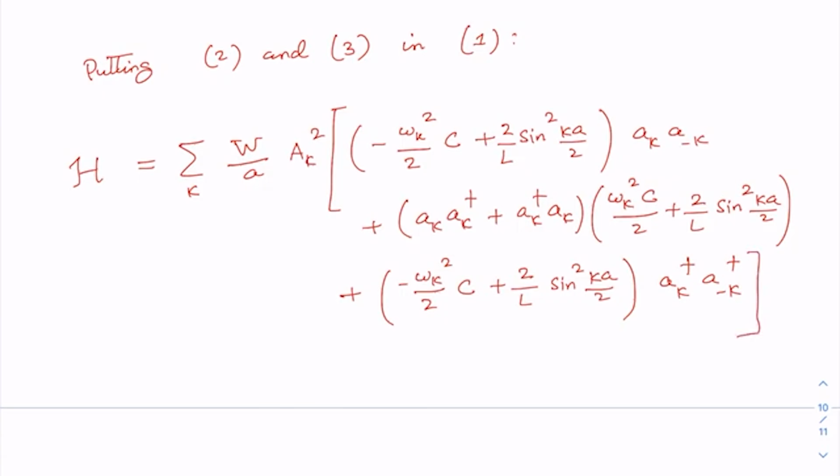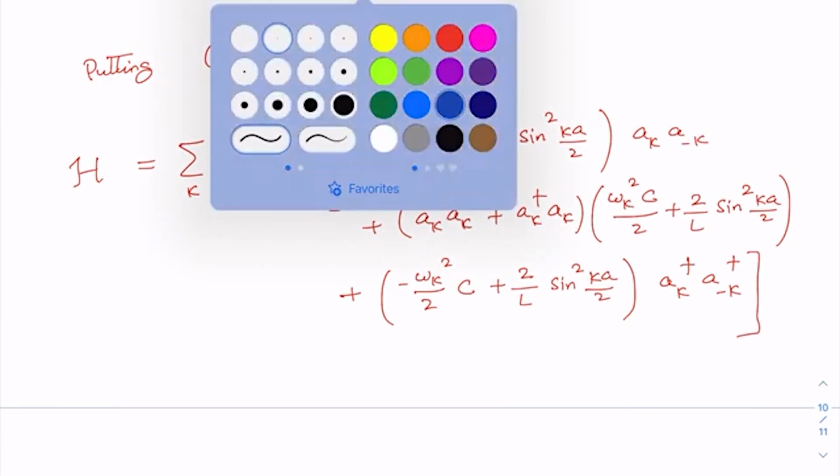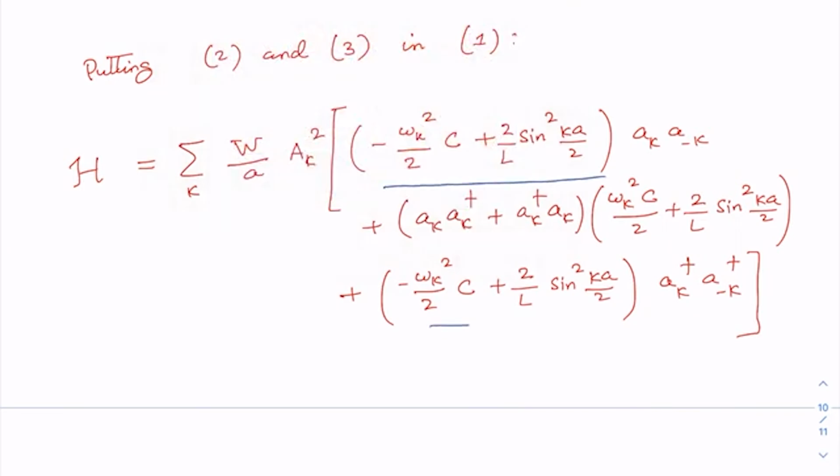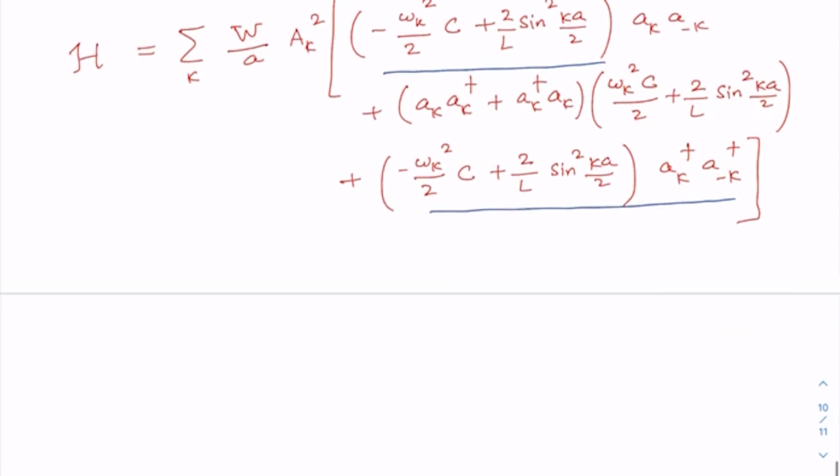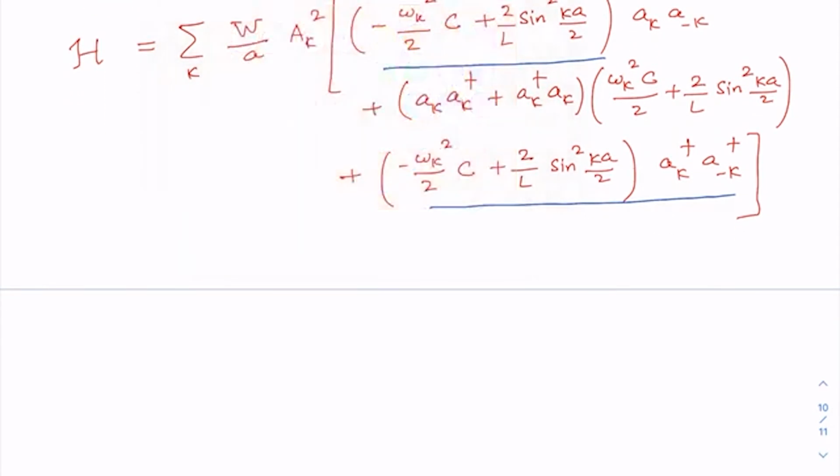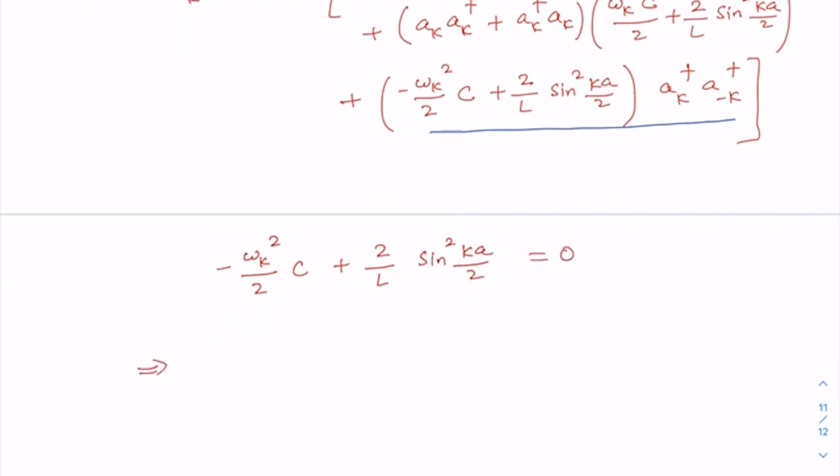Okay, now you see these terms, this term and this term, we don't want them, these are unwanted terms, and therefore we take minus omega_k square by 2 c plus 2 by l sine square ka/2 to be equal to 0, and from this we get the required dispersion relation, that is omega_k equal to 2 by square root of l c times the modulus of sine ka/2.